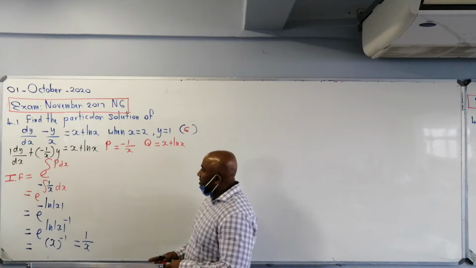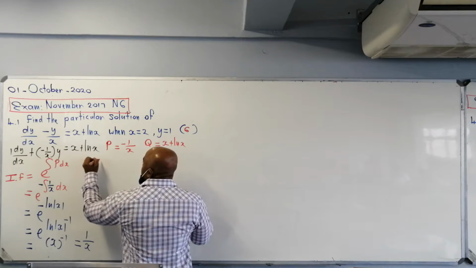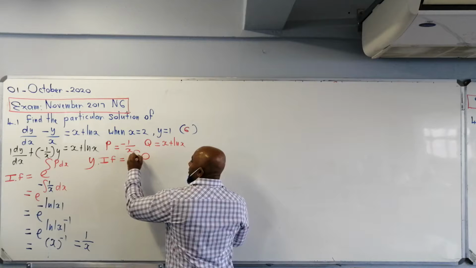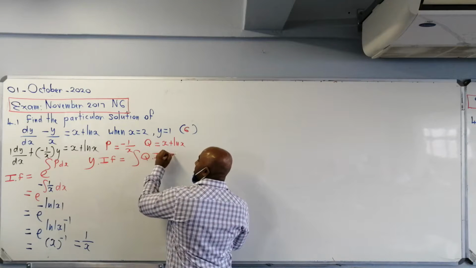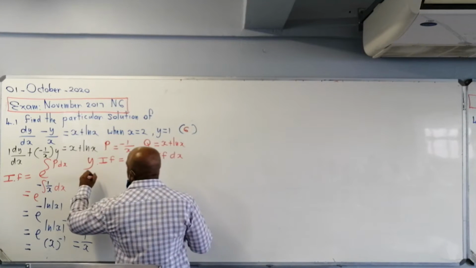The next step is to go straight to the formula. The formula is y times your integrating factor is equal to the integral of q times your integrating factor. Now let's do the substitution.